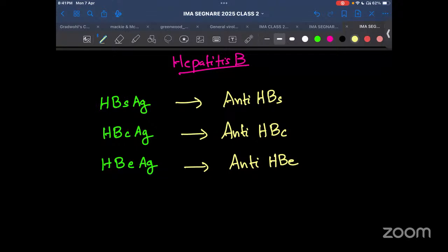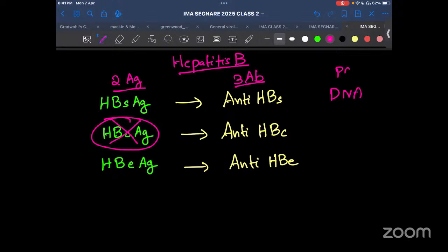Okay, now what is happening here is that HBcAg is not seen in blood. It is not secreted into the blood. It is seen only in the hepatocyte. It is not found in the serum, and we use serum for diagnosis. So HBcAg is not present in serum. So we have two antigens and three antibodies. So these are the markers along with the DNA.